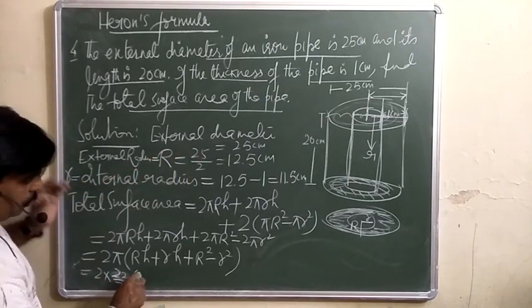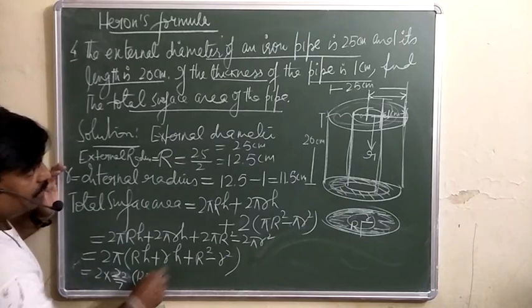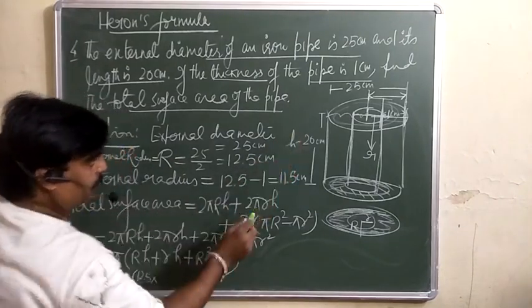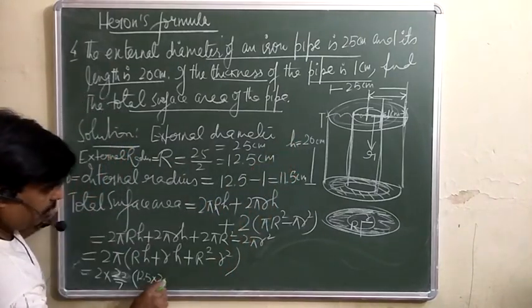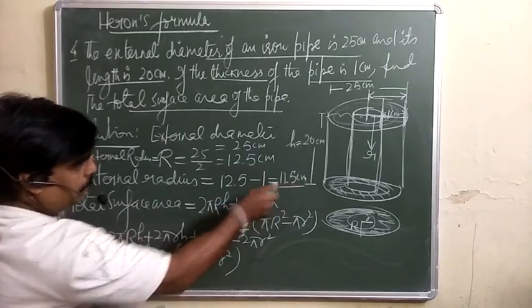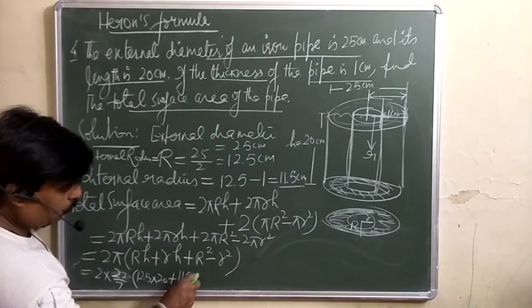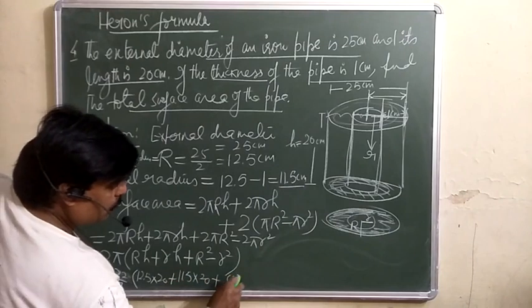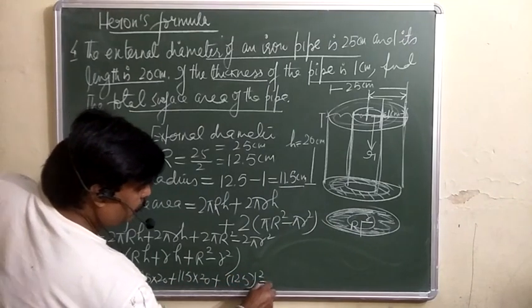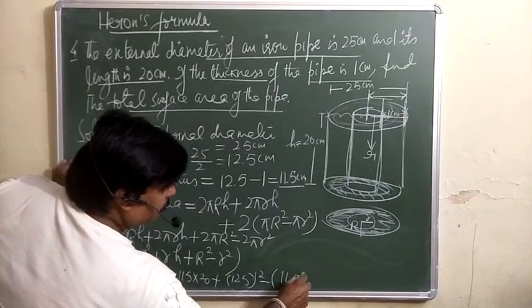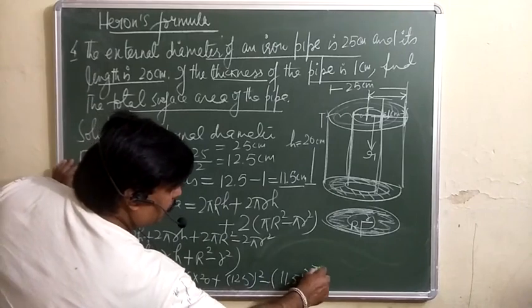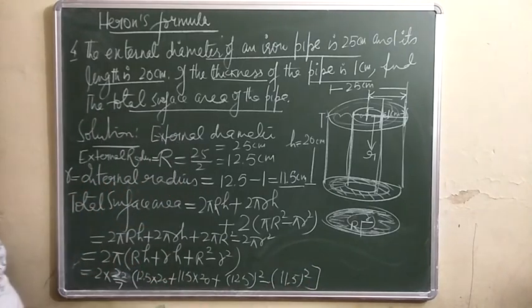Capital R is 12.5 into H, that is 20, plus small r 11.5 into 20, plus 12.5 whole square minus 11.5 whole square.